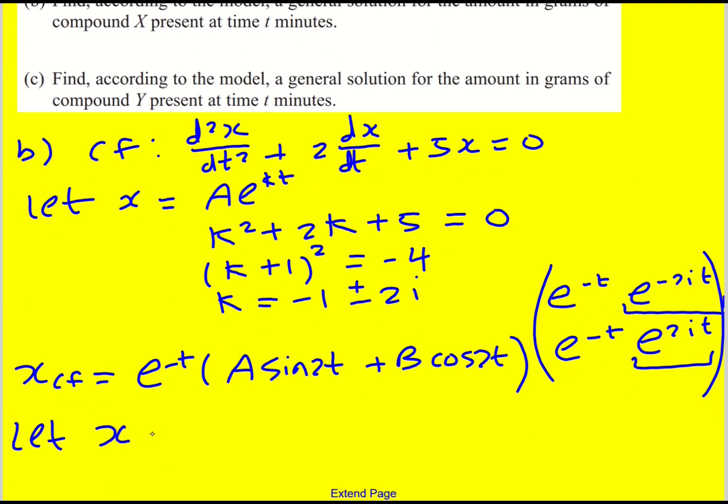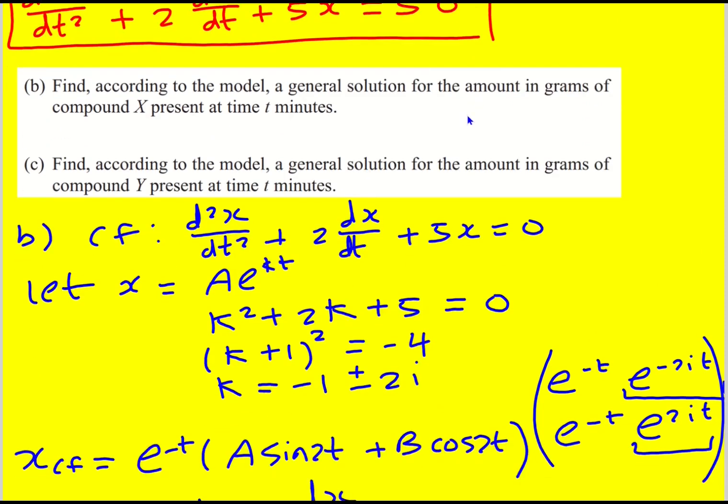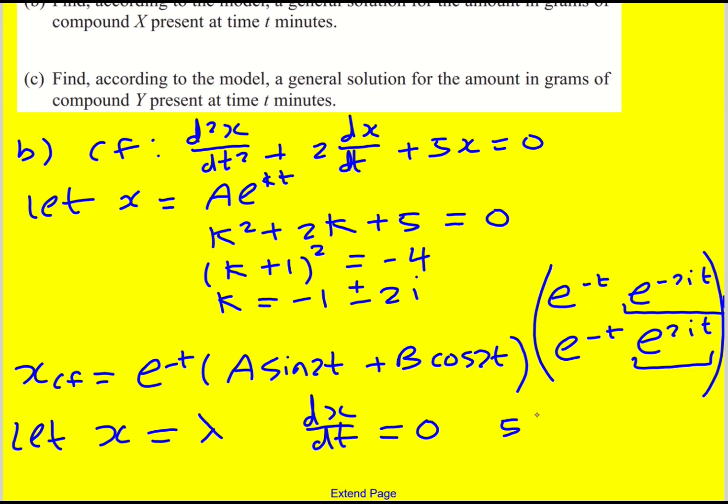Let x equal, what should we call it? I've already used k, so I'll call it lambda. And then dx by dt is just going to equal 0. So this is very quick to find, because that's 0, that's 0. I'm just going to get 5 lambda is 50. So lambda will equal 10.